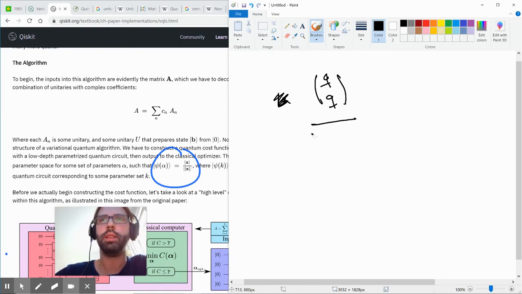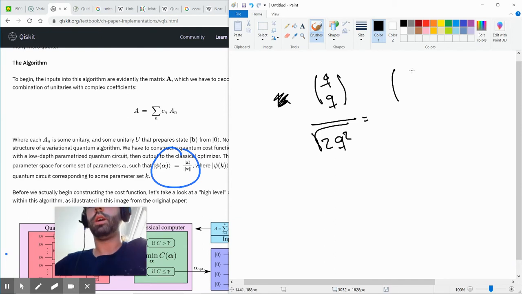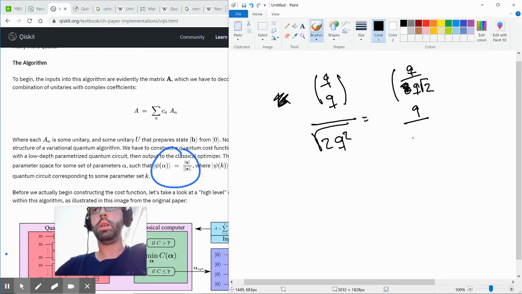And I know that this is like 2 times Q squared, which is basically, I've got like Q divided by Q squared of 2 and Q divided by Q squared of 2.